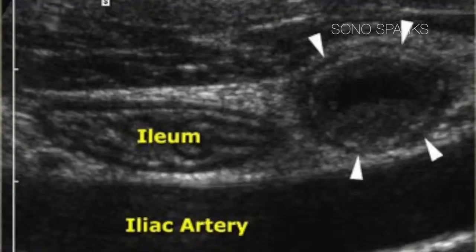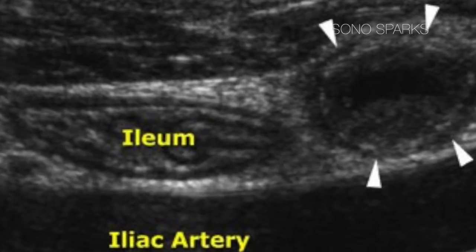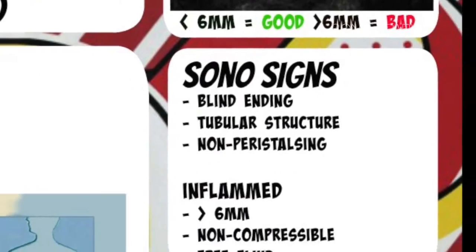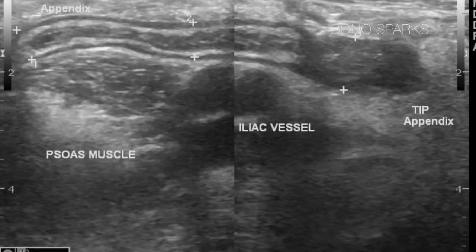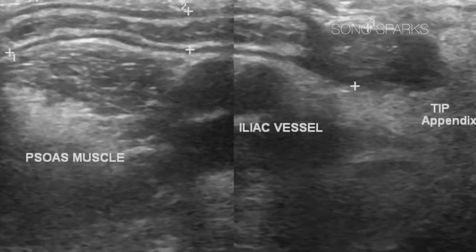Because with appendicitis, when you compress, it's still going to give this circular, very stiff pattern, kind of like a marble. That's what I think about, it looks like a marble even when you try to compress it out. So these are some examples of appendicitis. These structures: blind ending, non-compressible, above 6 millimeters, with fat stranding.